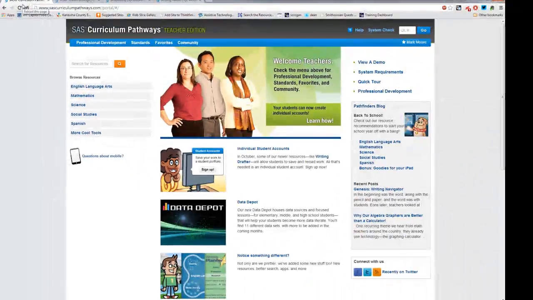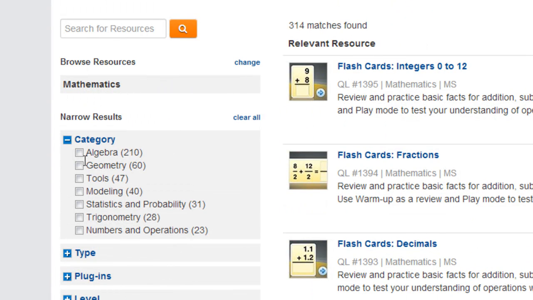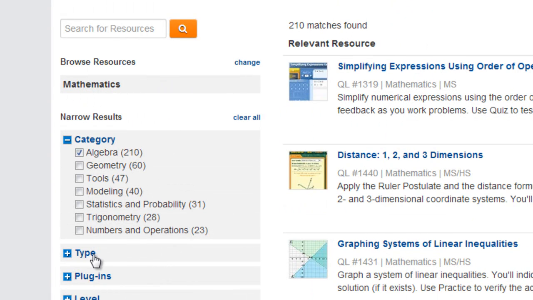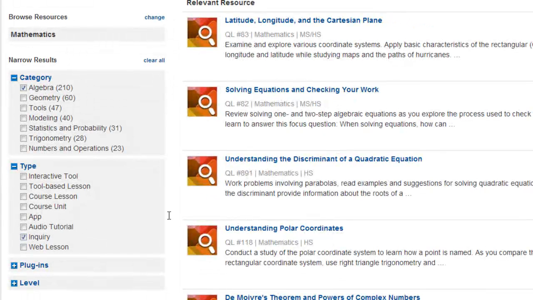So SAS is about thinking-based education, not just rote memorization. If I look in the area of mathematics, and I say I want algebra resources, but I want inquiries, what you're going to find are research projects that have a heavy emphasis on writing, technical writing, in the area of mathematics.